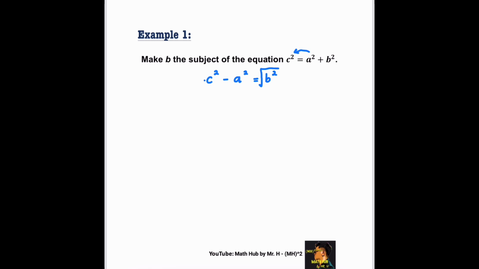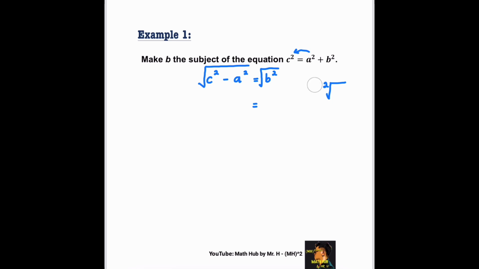If you take the square root of the right-hand side, you also need to do it on the left-hand side. So now we have the square root of b squared. You learned that with a square root, there's an invisible 2 outside, but we just don't write it.